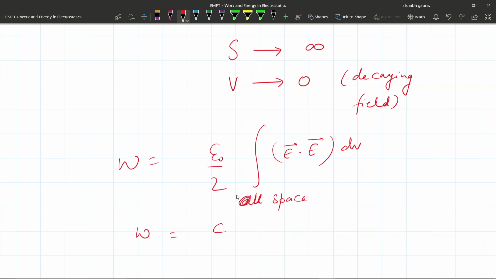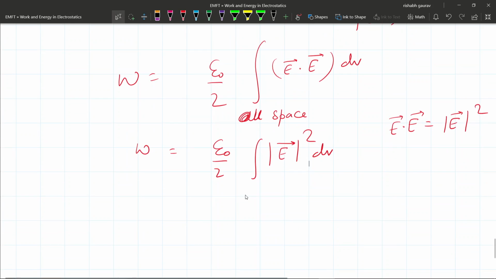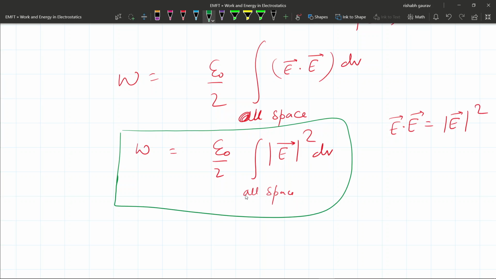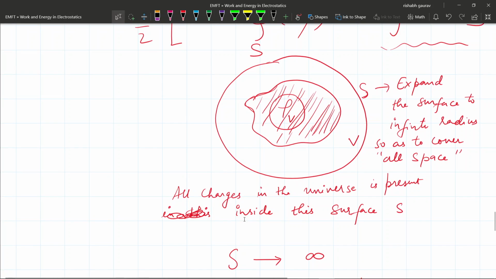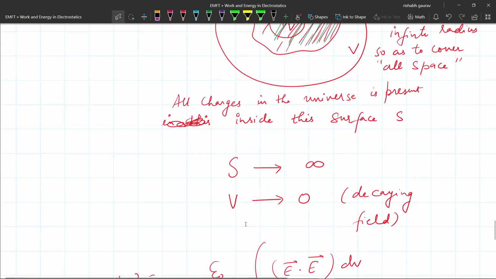E dot E is simply the magnitude of E squared, so W equals epsilon naught by 2 integral of E squared dV over all space, because all the charges have been assumed to be concentrated inside the Gaussian surface.